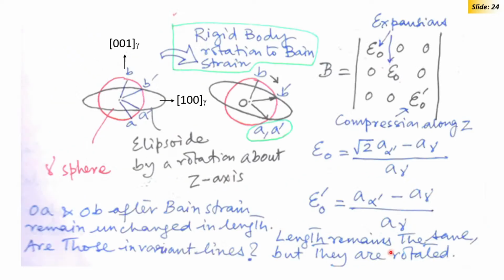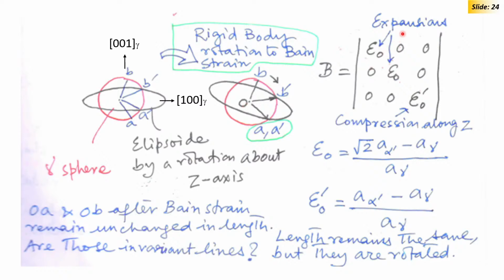Now, if you take the rigid body rotation, here we are showing this rotation. This is the initial case. You now rotate it to make OA fixed, OB rotated further, that we are not bothered about. We are only interested about OA, which remains fixed. So, now Bain strain plus rigid body rotation gives you the right kind of invariant shear required for this kind of transformation.